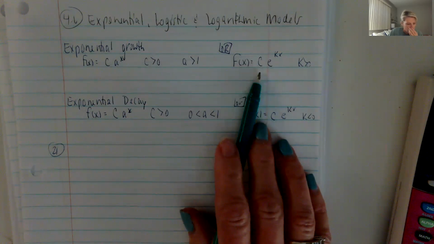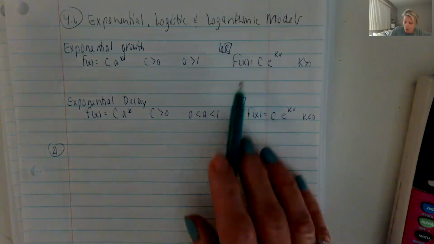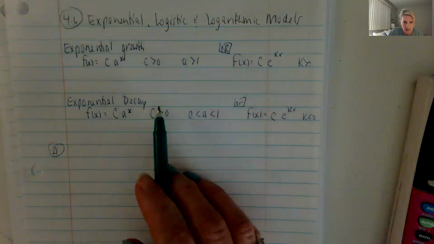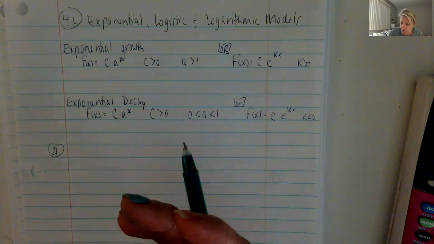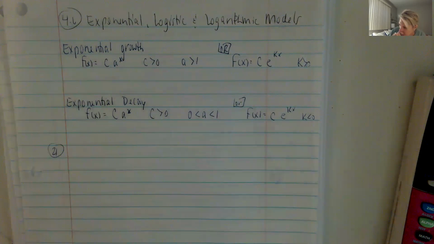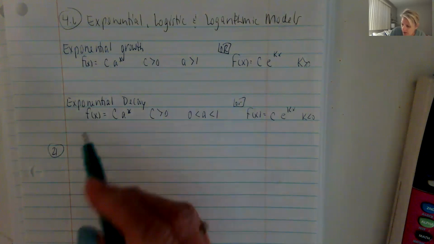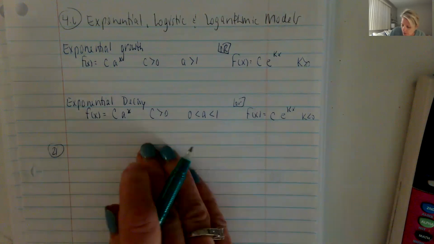Okay, so we're using a function similar to this one here. We know the half-life. Similar to what we were doing in lesson 4.5, when we're talking about half-life, we know that the new amount compared to the old amount is 1/2.